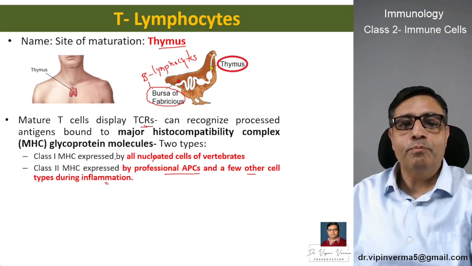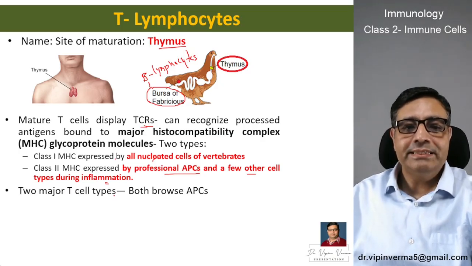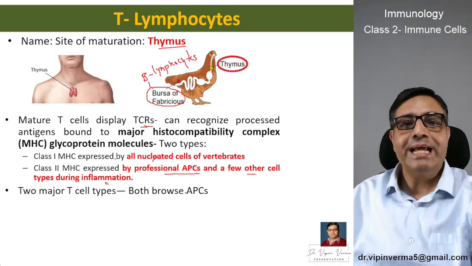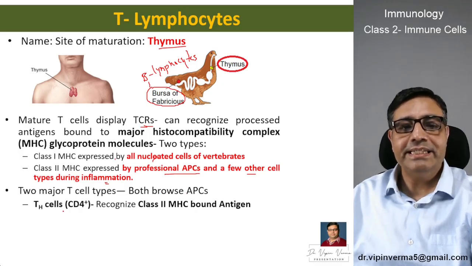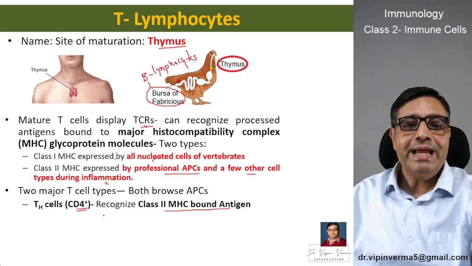So these are non-professional antigen presenting cells. Two major T cell types, and both browse the antigen presenting cells. We have the T helper cells, which are the CD4 positive cells, and they recognize class 2 MHC bound antigen.